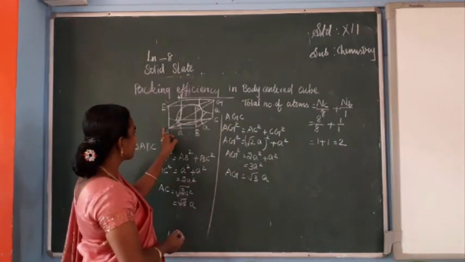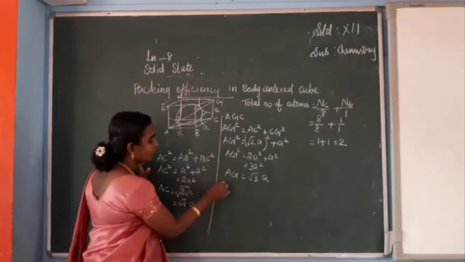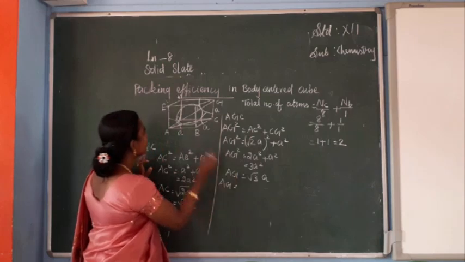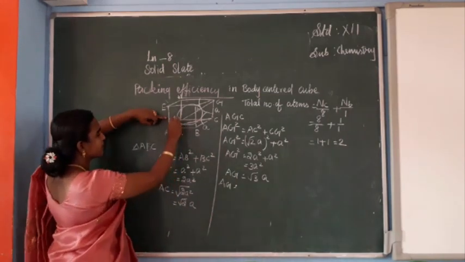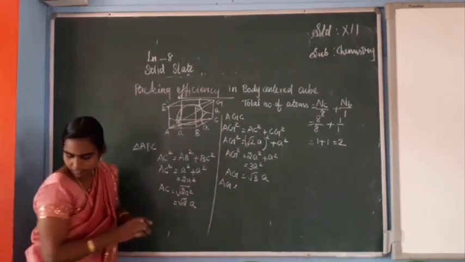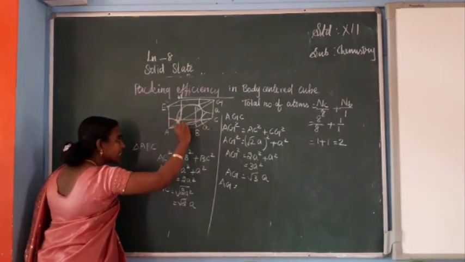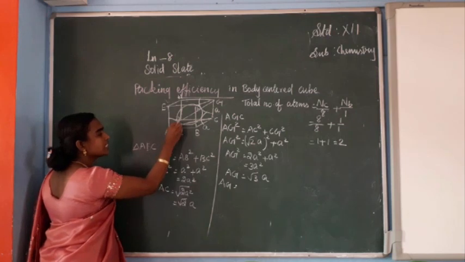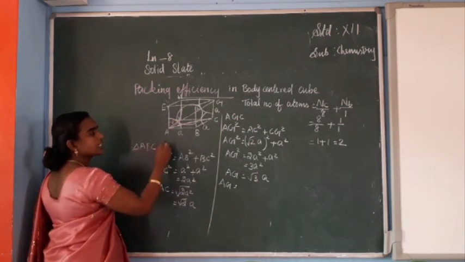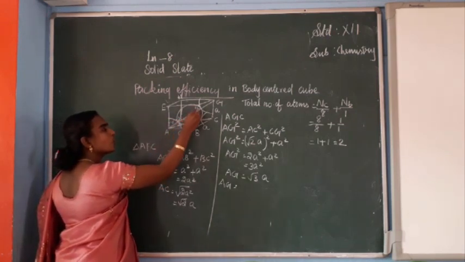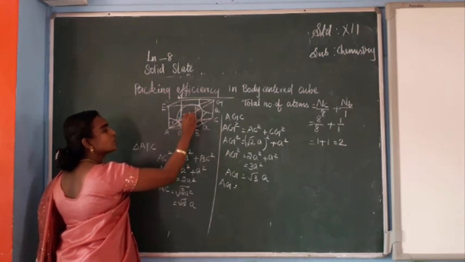So the AG value we can find from here also. Consider this as a sphere. Here, this distance must be R, isn't it? So for this whole sphere, this distance must be 2R.